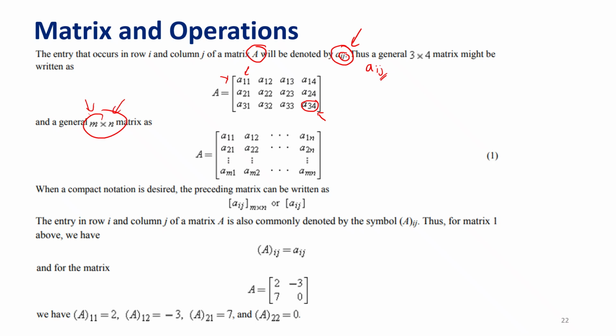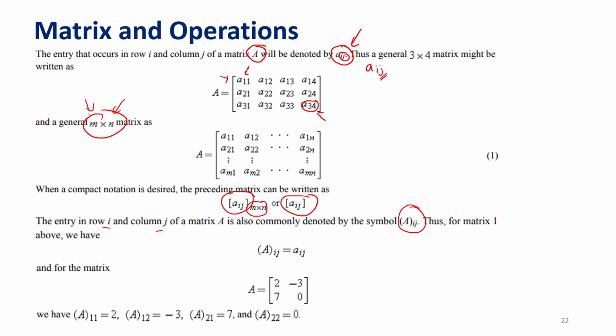So normally we can also write the matrix like this, an M by N matrix or aij. Then the entry, as I explained, i and j of a matrix is commonly denoted as this one, those matrices above.